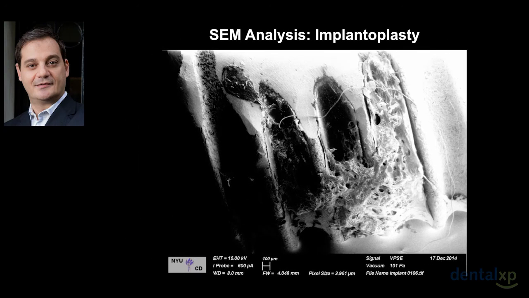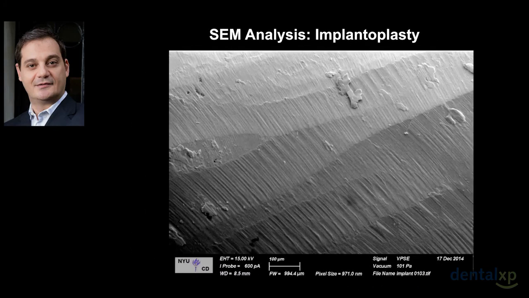And again, on a higher magnification, you can see how we were able to clean the surface when we did implantoplasty compared to the other surfaces that are still diseased. And that's how it looked on a higher magnification after you clean all of the surface by just polishing them and doing implantoplasty.